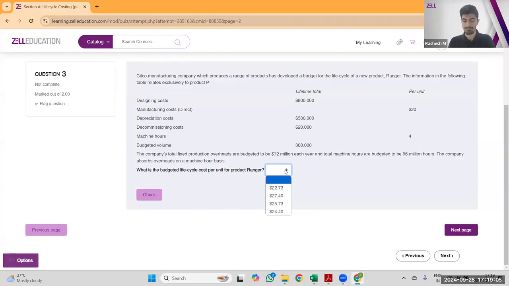Zell, check again. Maybe you've excluded a cost. Nakshatra, that's correct.